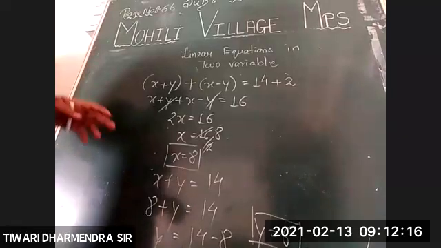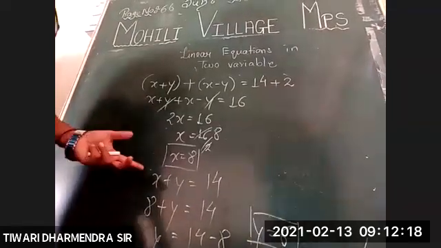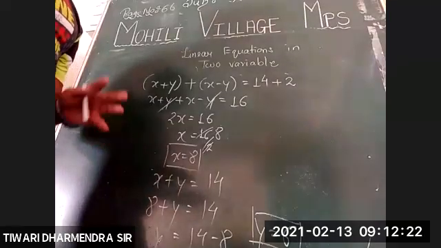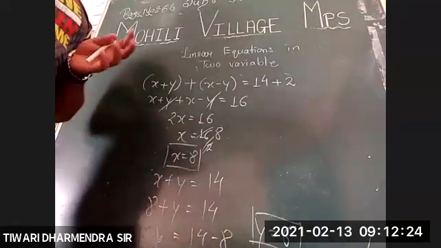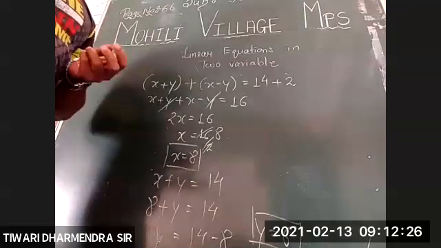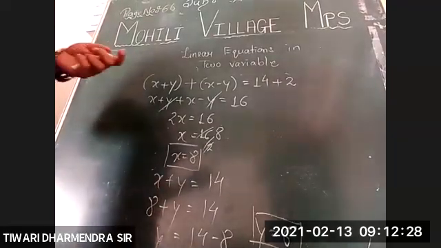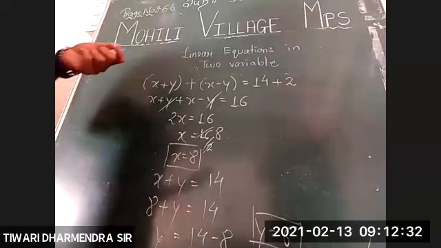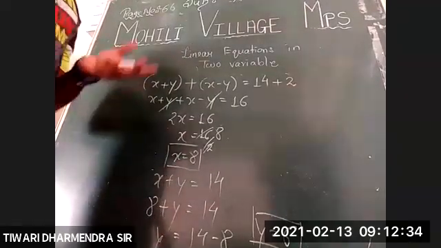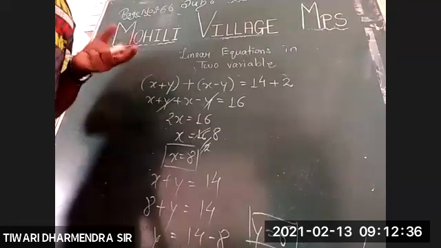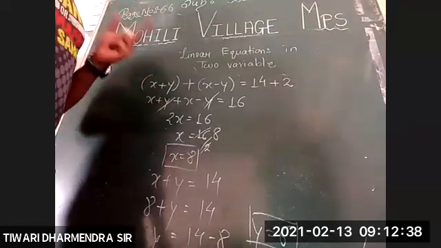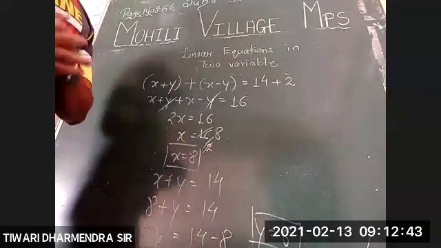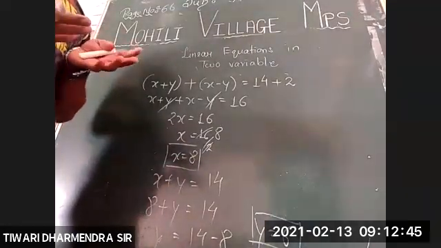So this is a basic concept which is very much required. From here, we have understood that this is an actual puzzle that we play in our real life. You ask your friend or anybody to select any 2 numbers in such a way that their addition should be 20 and subtraction should be 11.